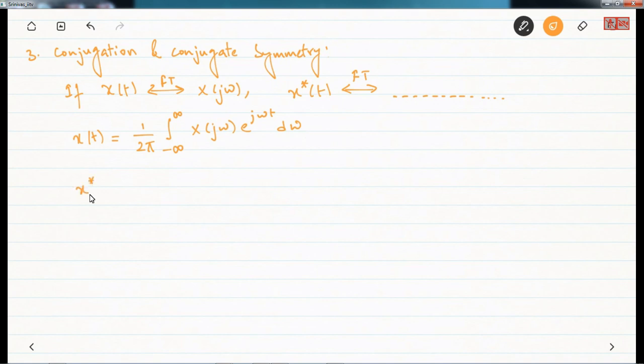Now I take the conjugate of this on both sides. When I take the conjugate, X of j omega becomes conjugate of X of j omega, and e power j omega t becomes e power minus j omega t, with d omega.